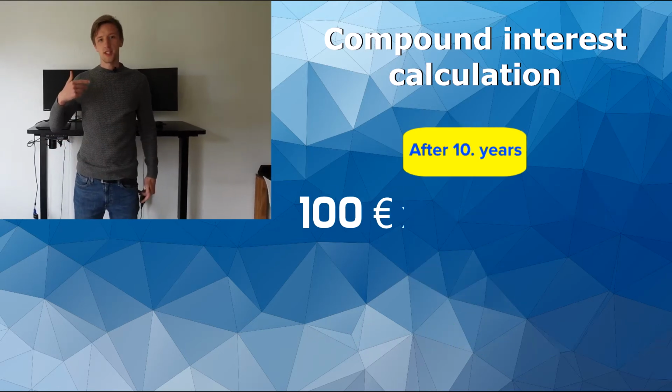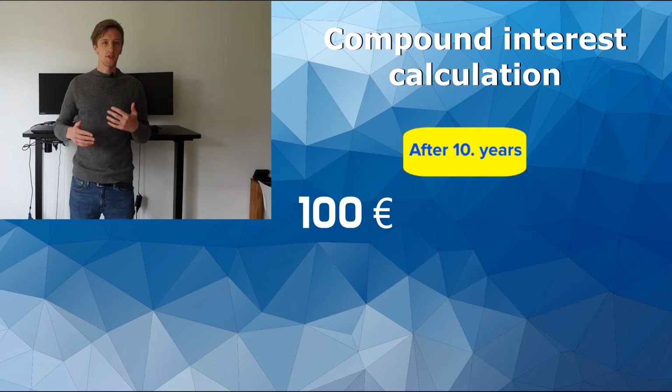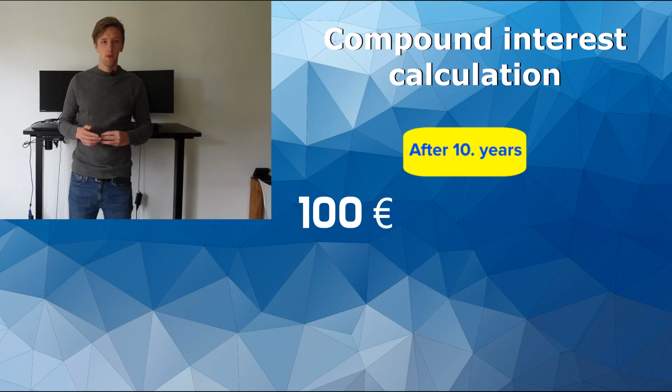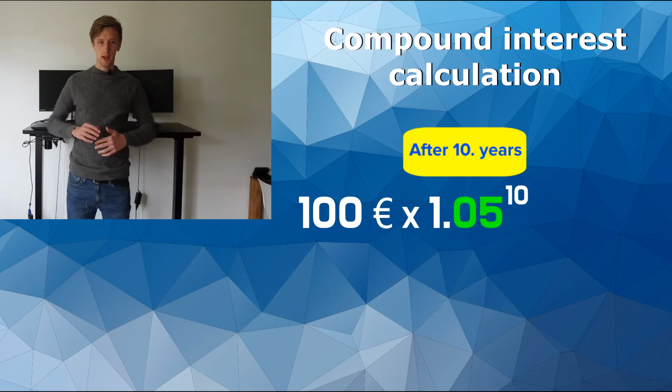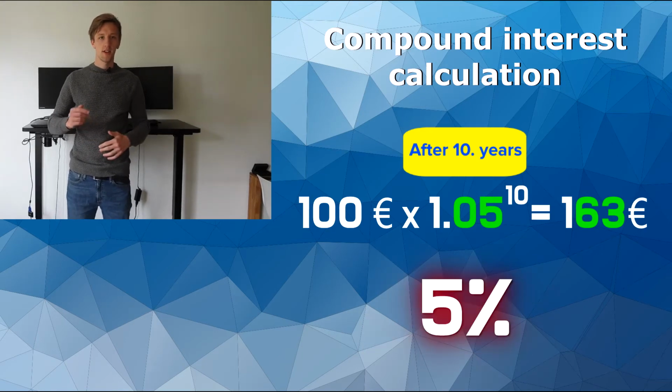So now let's jump straight to the 10th year for simplicity to see how your interest and savings will develop with years. If you have invested 100 euros and let them work for you for 10 years without investing additional money, you will get in the end 163 euros with 5% interest.